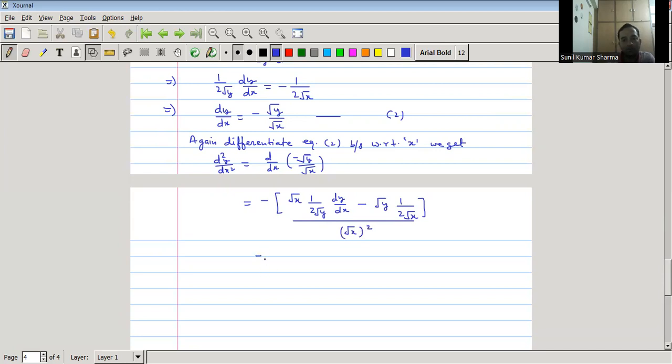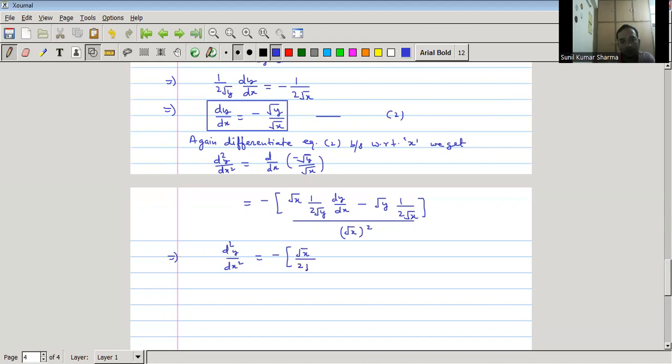So this is equal to minus, this is the double derivative d2y over dx square. This implies minus, what is dy upon dx? By using equation number 2, we get dy upon dx equal to minus under root y upon under root x. We can put the value of dy upon dx here.